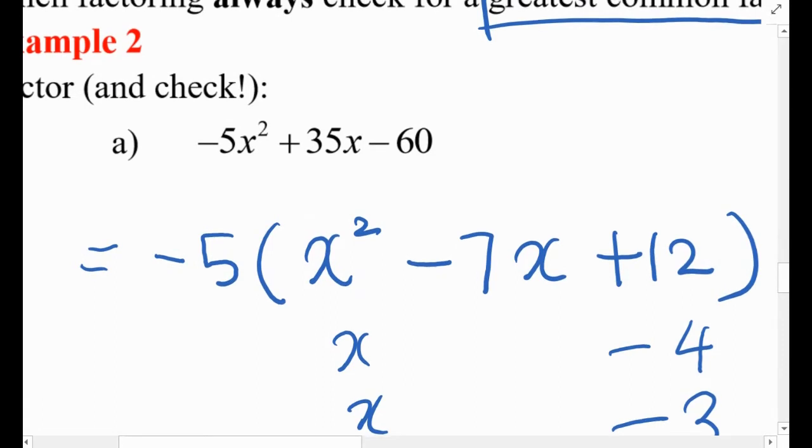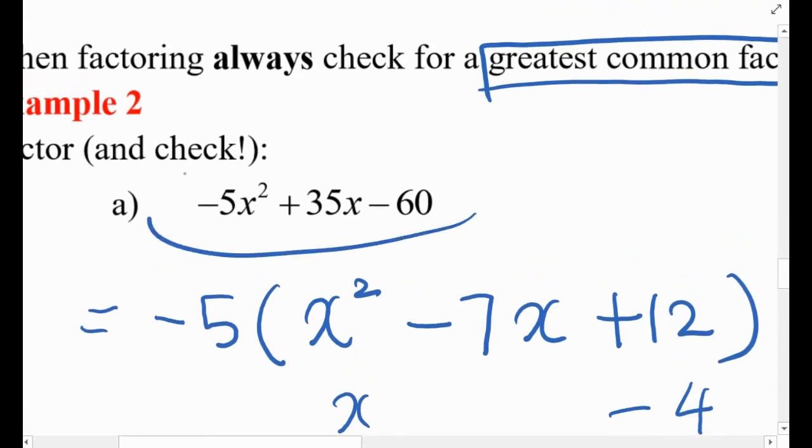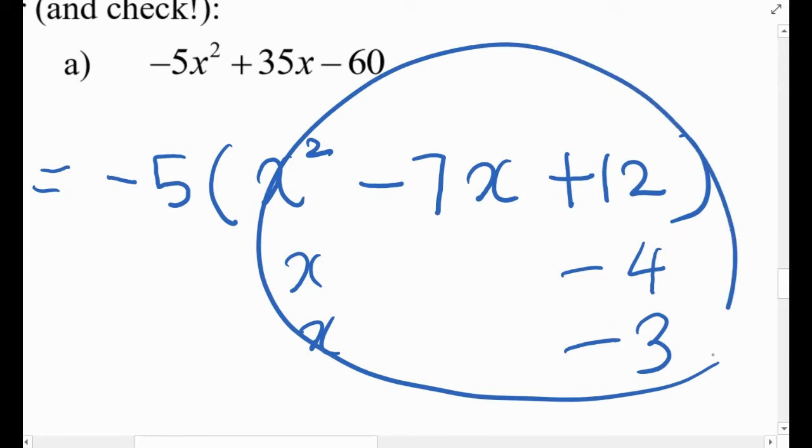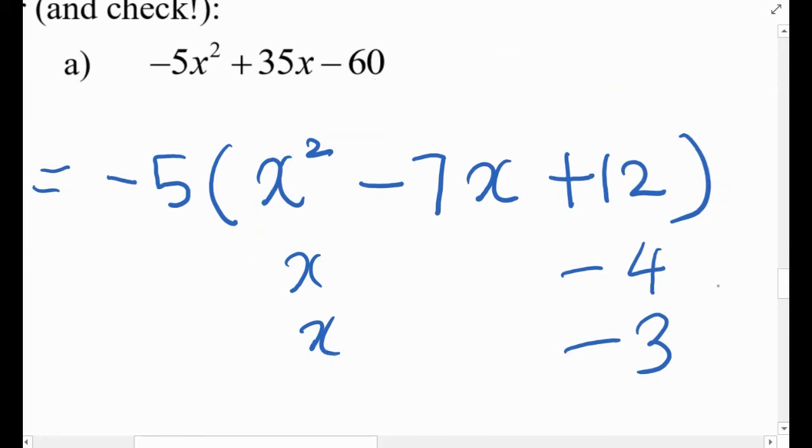But this is actually not the same, because once you factor out the GCF, where each term has a common factor, it becomes a trinomial with coefficient 1 for x squared, right?